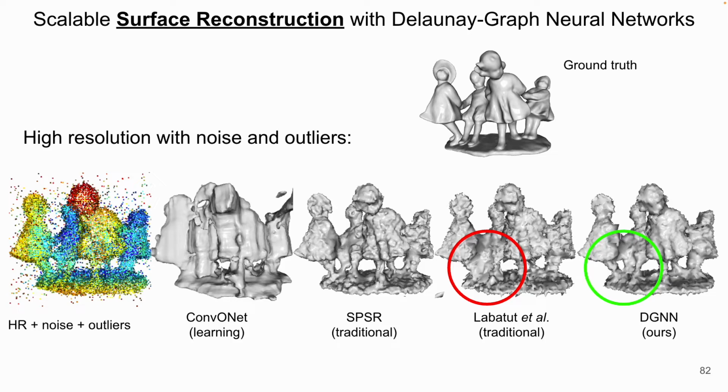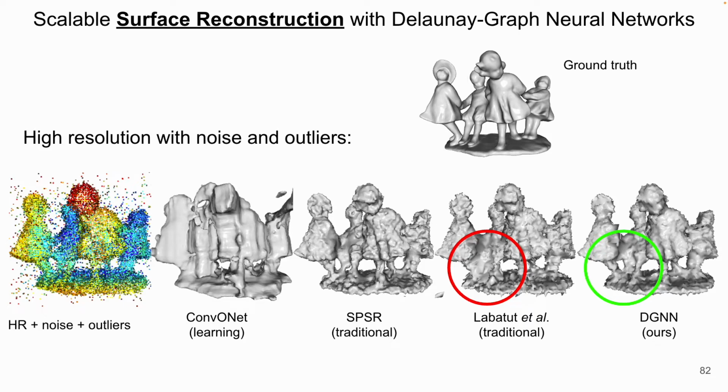And finally, a very difficult scan, which includes a high level of noise and outliers. We can see that even our reconstruction is quite noisy, but still produces a slightly smoother and more accurate result than the other tested methods.